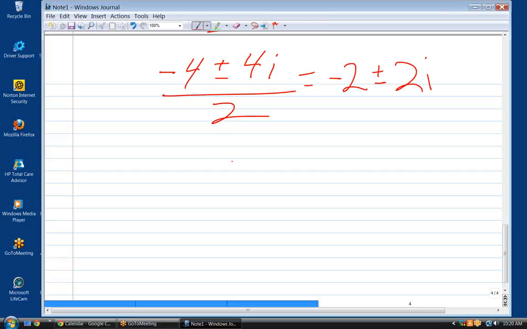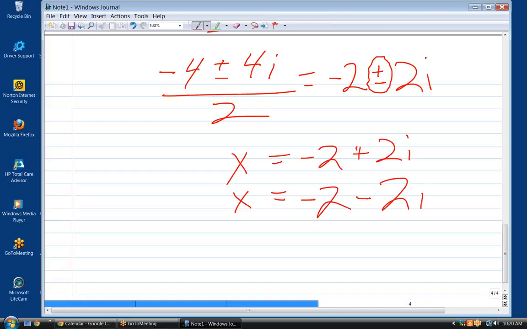Okay, so what are the solutions? So you set these to 0, correct? No. The biggest thing that not everybody is totally clear on is what that plus or minus means. Oh, okay. In other words, the solutions are -2 plus 2i and -2 minus 2i.